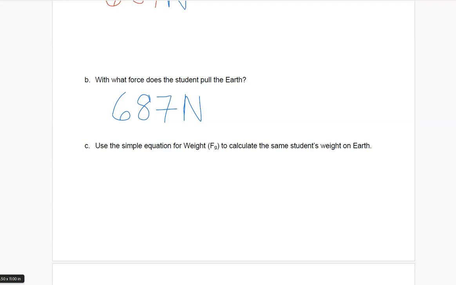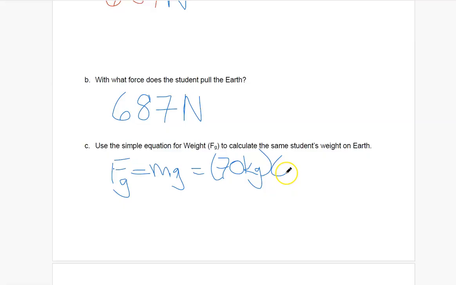All right, part C, use the simple equation for weight, F sub g, to calculate the same student's weight on Earth. Well, our simple equation is m times g. We have 70 kilograms for the student, and we have about 9.8 meters per second squared.